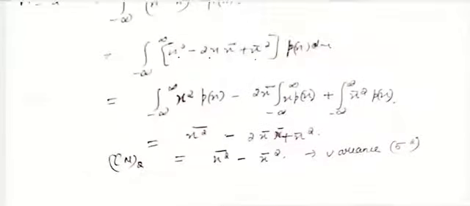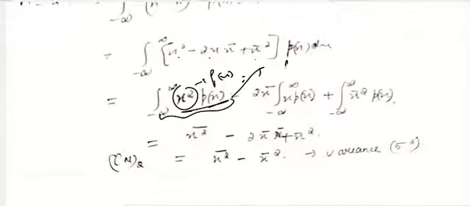So, what happens when n is equal to 2? We are going to expand it. We will get x square minus 2x times x bar plus x bar square, into p of x, and rearranging it, we get x square into p of x. This means the complete one is the mean of f of x.